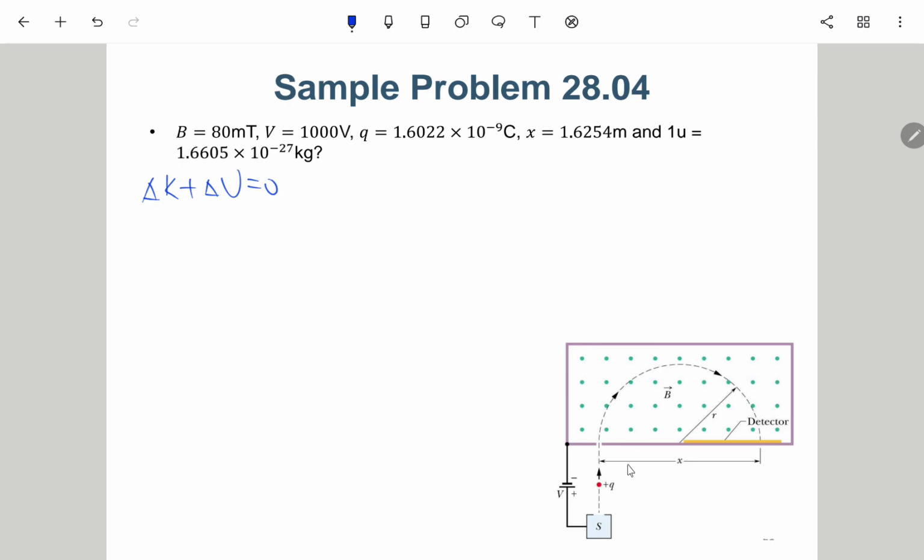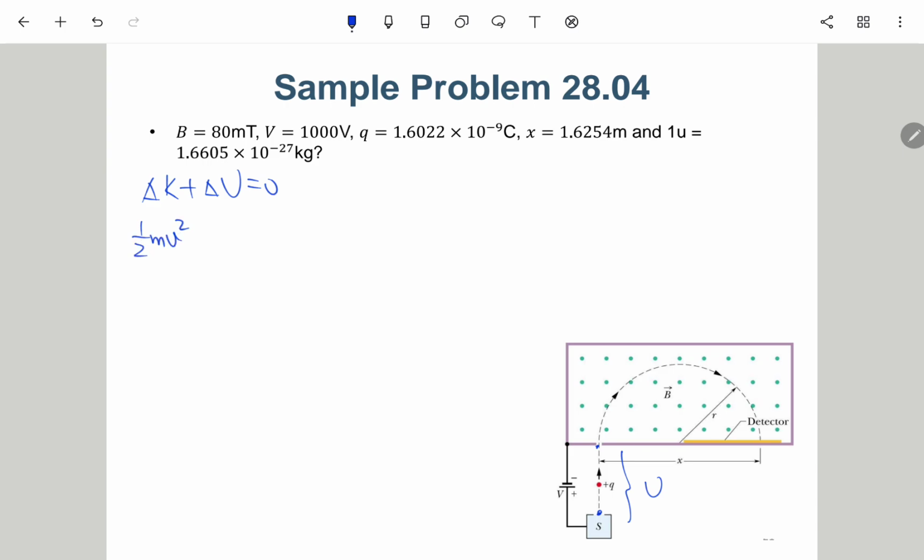Okay, so actually here what it really means is, there is a potential energy here. So starting from here, the particle is initially stationary or at rest, so there won't be any kinetic energy, and there is full potential energy. So up to this point, all the potential energy is transferred to the particle's kinetic energy. So we can have delta K will be 1/2 mv squared.